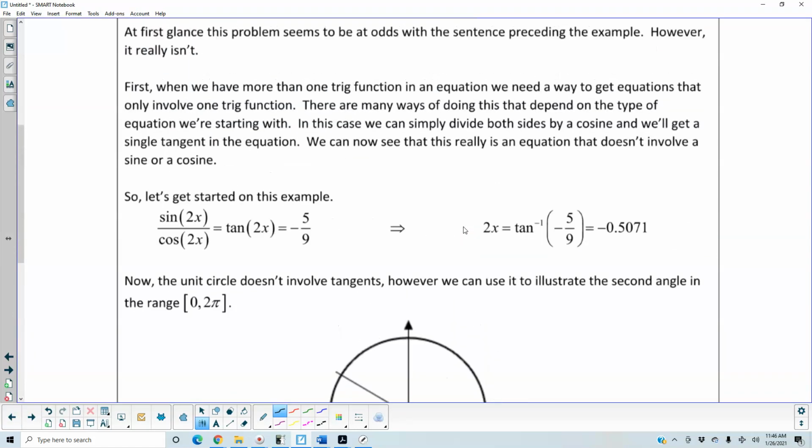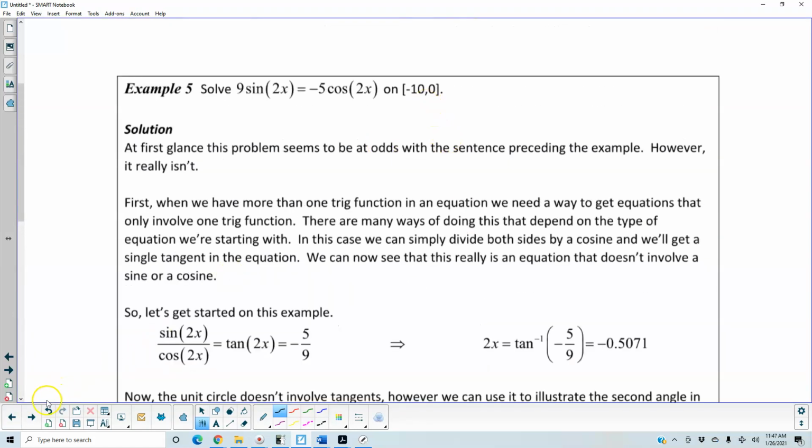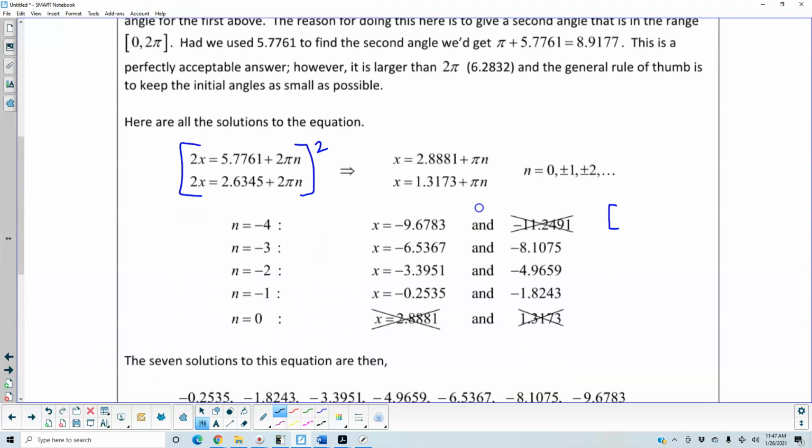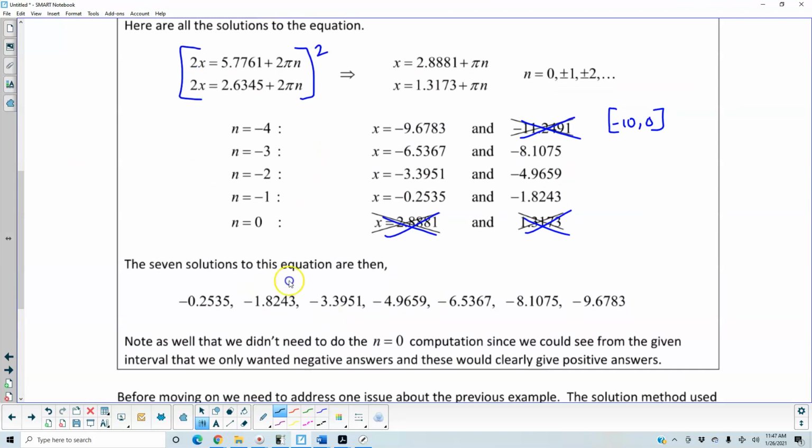This example has to be in between negative 10 and 0. So again, we're excluding all the values that are outside of that interval. And therefore, the 7 solutions to this equation are the following. Now note as well that we didn't need to do the n equals 0 computation, since we could see from the given interval that we only wanted negative answers, and these would clearly give positive answers.